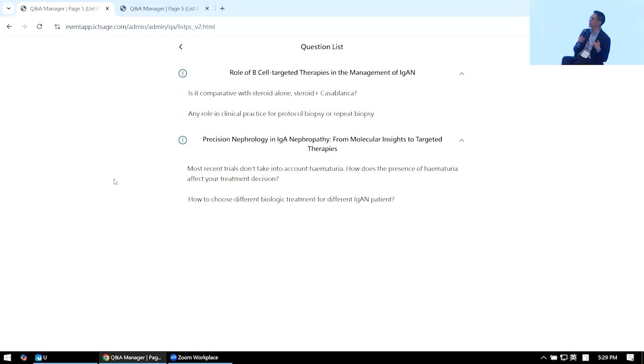So I wouldn't really use that in isolation, but coupled with measures of proteinuria and kidney function, taking that as a whole combined approach would be the way I would approach it. I think it's going to be very interesting with the new therapies now that can actually reduce hematuria.